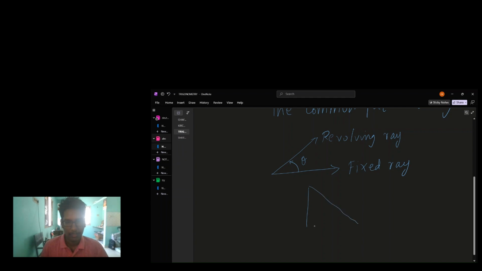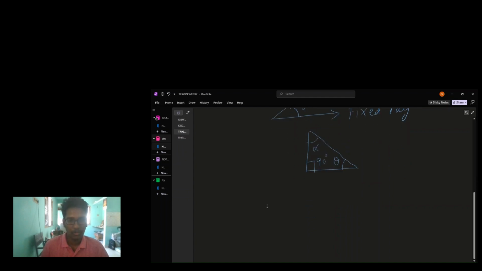So let us take a right angle triangle with angle 90 degree and theta and alpha. We all know 90 degree plus alpha plus theta is equal to 180 degree, a property of a triangle.